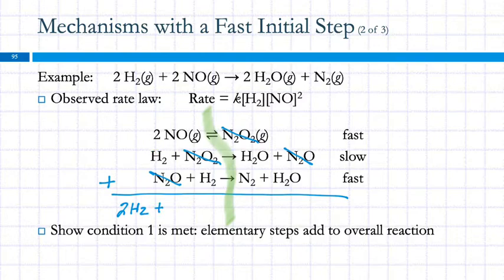And I have 2 NOs. And here's my arrow. And then over on the other side, I have 2 water molecules and 1 nitrogen. So the first condition, that the elementary steps add up to give the overall reaction, that is true. Any questions?